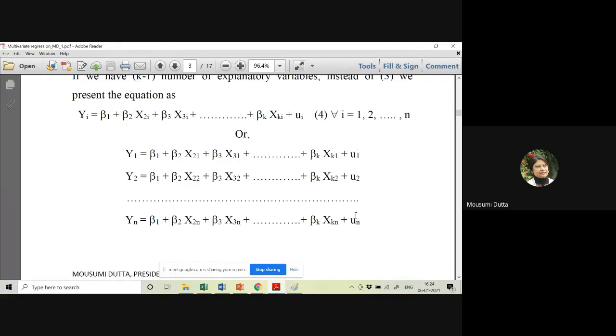And finally, there is the u vector, the vector for the random error, and this is similar to the y vector. y1, y2 to yn. u1, u2 to un. The structure of this vector of random errors is identical to the structure of the vector for the dependent variable.